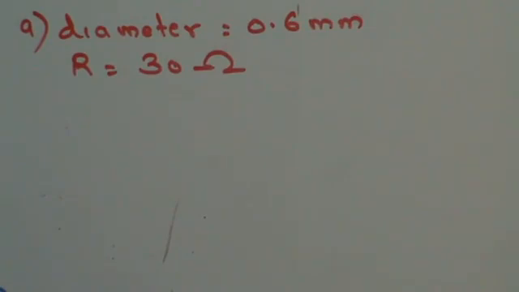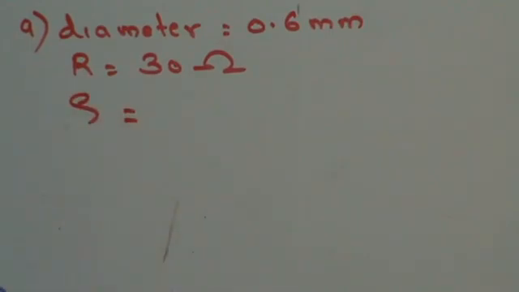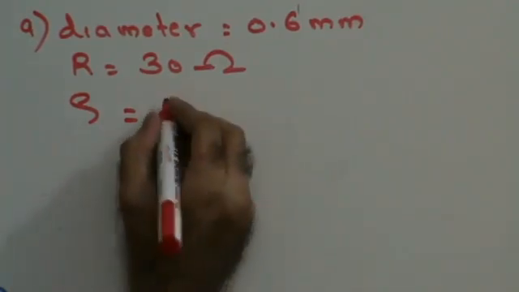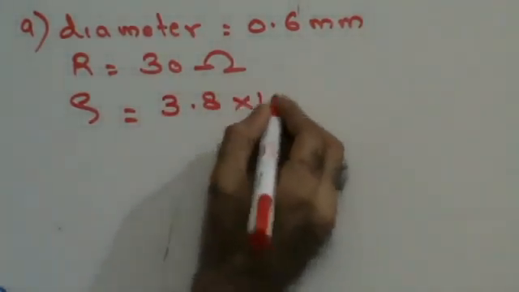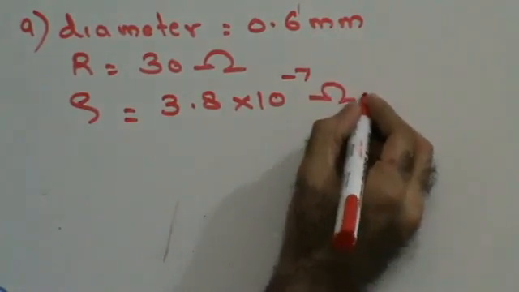Find the length of the wire if the resistivity is 3.8 into 10 raised to minus 7 ohm meter.